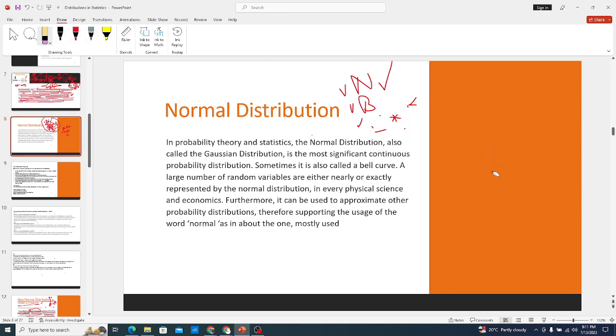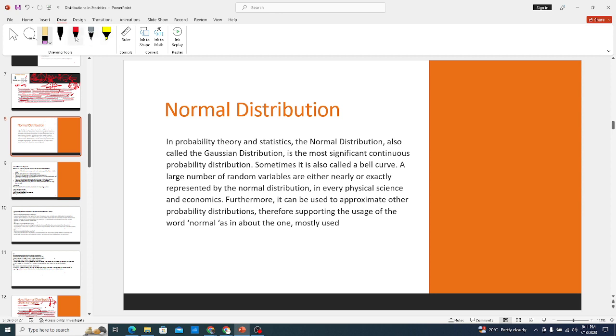We've been discussing much about normal distribution, everything in reference to normal distribution. Why is it so? Because normal distribution is applicable in almost any area or field of study. We live with normal distribution.